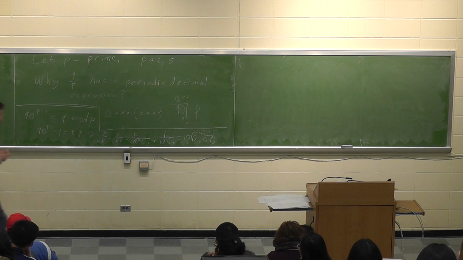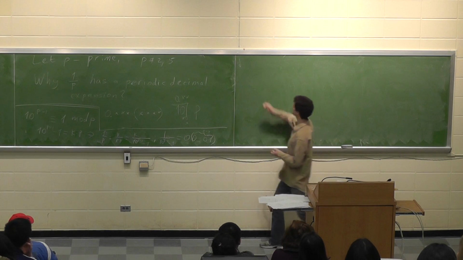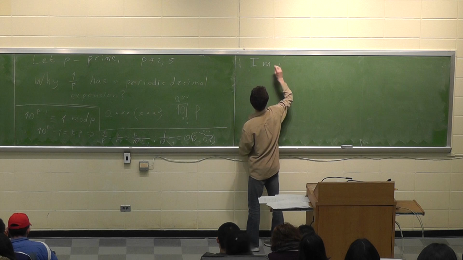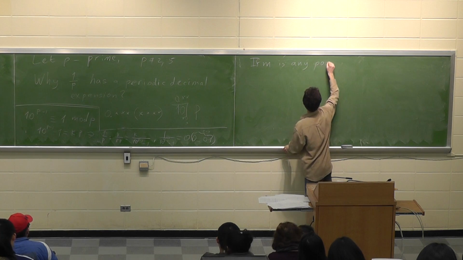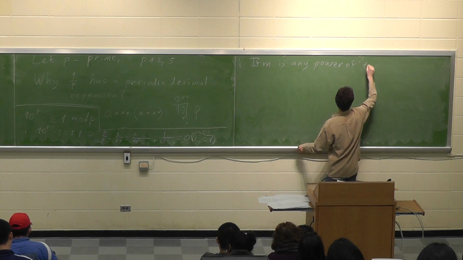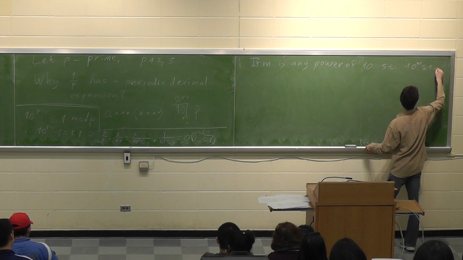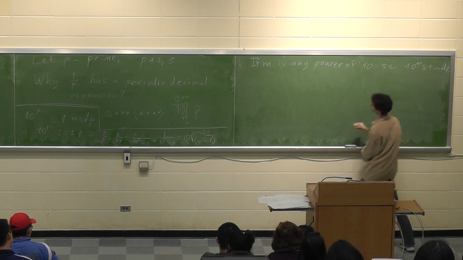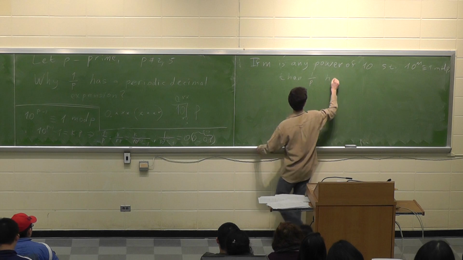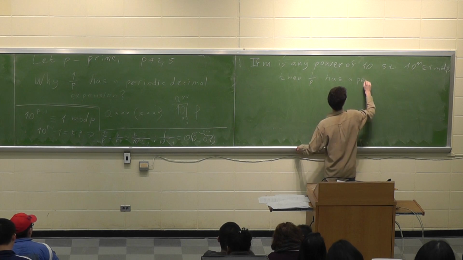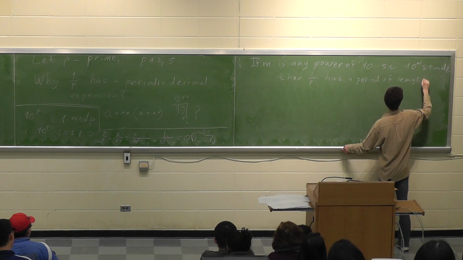So next observation, let us take any power. If m is any power such that 10 to the power of m is congruent to 1 modulo p, then 1 over p has a period of length m.